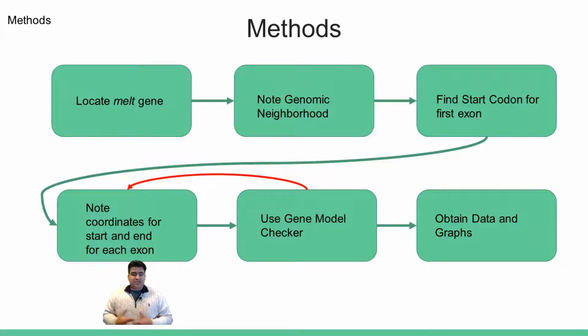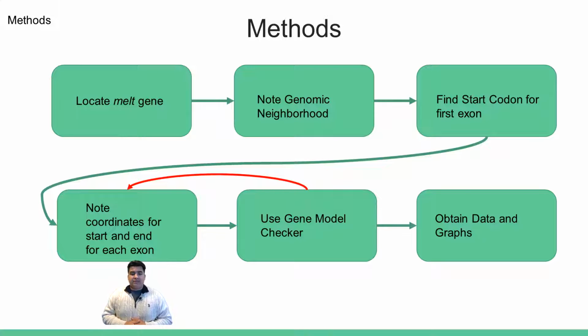And so my methods for this experiment, this is the basic workflow of the experiment. Starting at the top left, we locate the MELT gene. That can be done by a simple search in the genome browser for the MELT gene, or more accurately, it can be determined by taking the BLAST sequence of the Drosophila melanogaster MELT gene, putting it into the genome browser, and basically the browser will tell us, hey, right in this area, that's where we got the closest alignment.